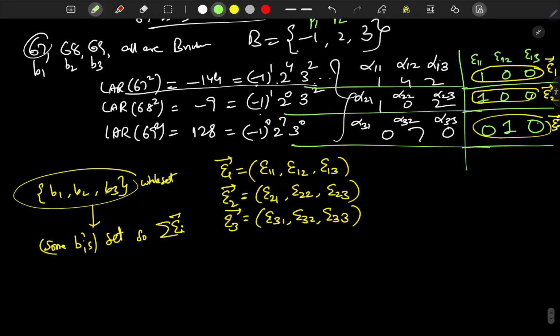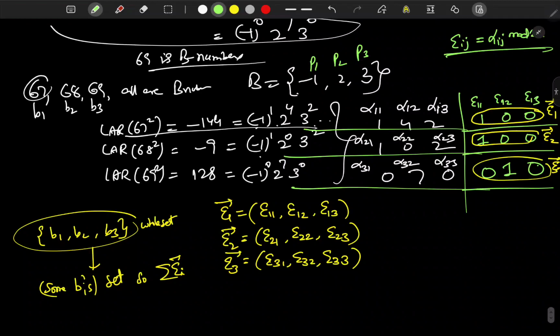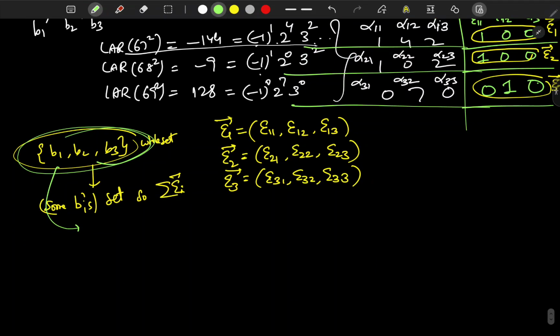So now tell me, if I select all the epsilon vectors, by common sense from mathematics, selecting some bi's is in a way talking about a subset, okay. The number of subsets possible is 2 cubed equals 8. Out of 8, 1 is the empty set, meaning nothing is selected, so remove that one.